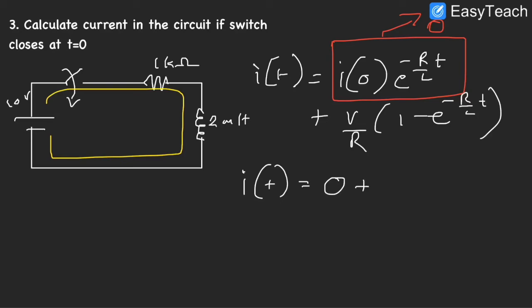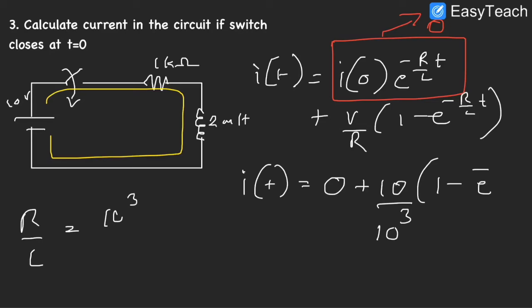So once the switch is closed, we have a voltage in the circuit, 10 volts. We have a resistance, 1 kilo ohm, and we have this expression 1 minus e to the power of, what is R by L? So that's 1 kilo ohms divided by 2 millihenry.